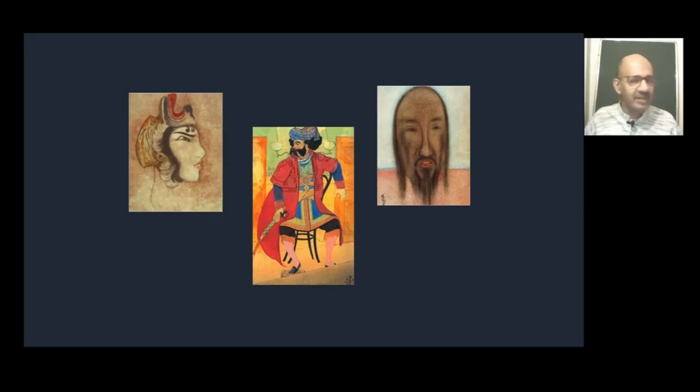Now, there was a time when Abanindranath was painting these faces based on the made up faces, that is, the makeups on the faces of the local popular theatre actors, what in local Bengal is known as Jatra. So these are Jatra actors, not the real characters.